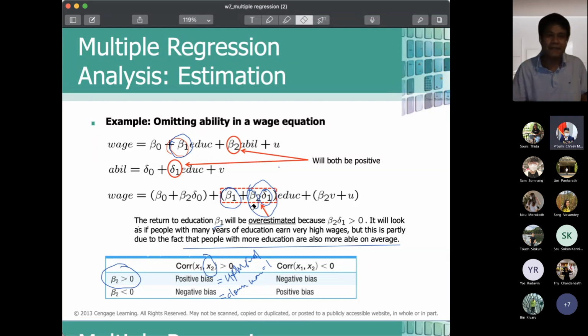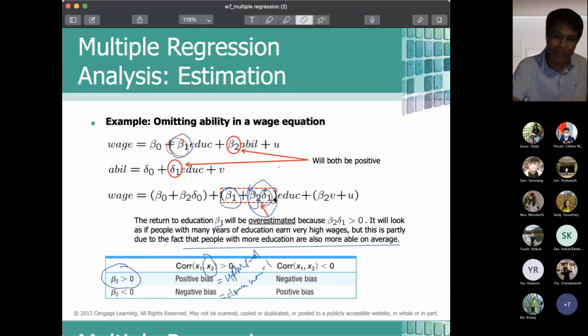So in short, if you omit a relevant variable, it means that the estimate, the coefficient of your variable of interest, when I say your variable of interest, the independent variable that you want to focus on, is biased. Again, look at this equation. True model, we only want delta 1. But when we omit ability, now the coefficient is not only delta 1, but delta 1 plus delta 2 multiplied by this.